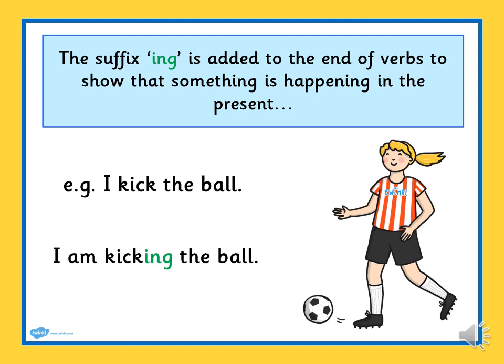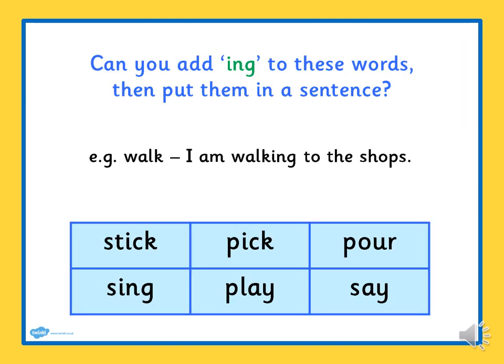Okay, so the suffix ing is added to the end of verbs. Verbs are doing words, actions, to show that something is happening in the present. So right now, I kick the ball, and then to change it to present tense, we add an ing to the root word kick. So I am kicking the ball. Can you add the ing to these words, then put them in a sentence?